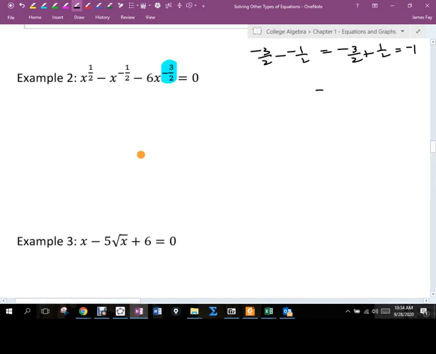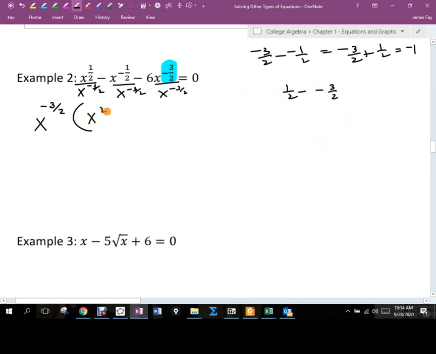So let's do that. Let's factor out an x to the negative 3/2. So I get 1/2 minus negative 3/2, so it gives me 4/2, right?